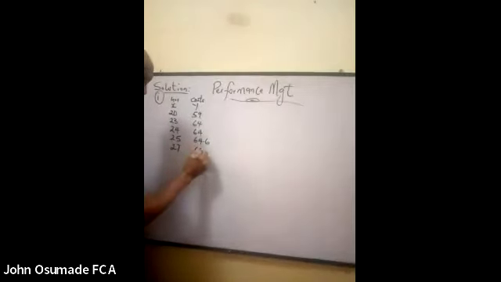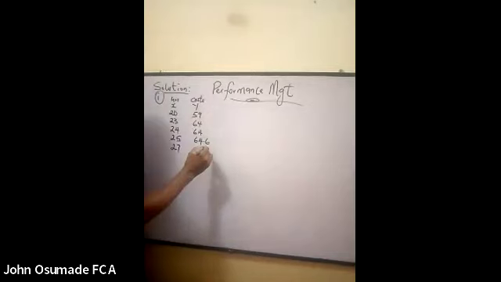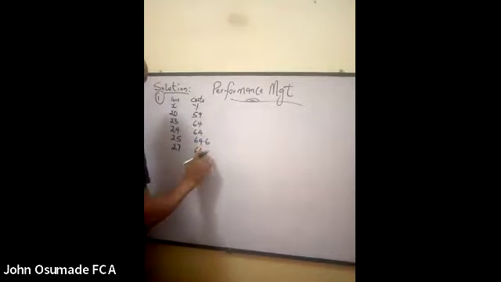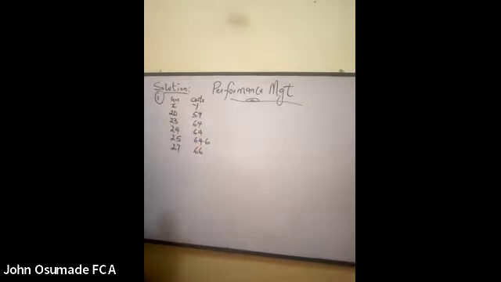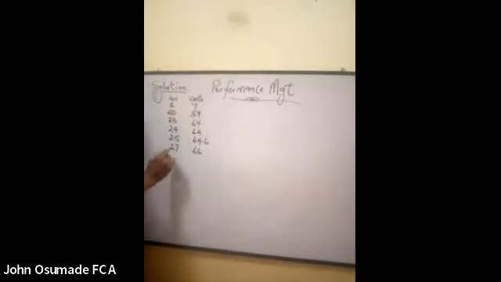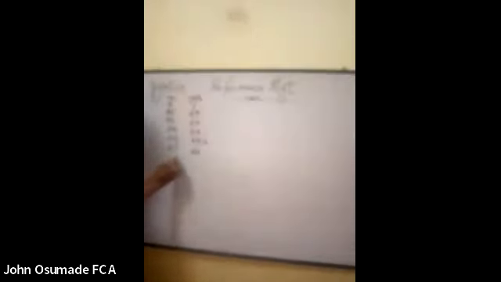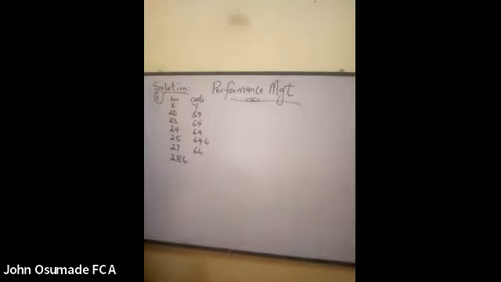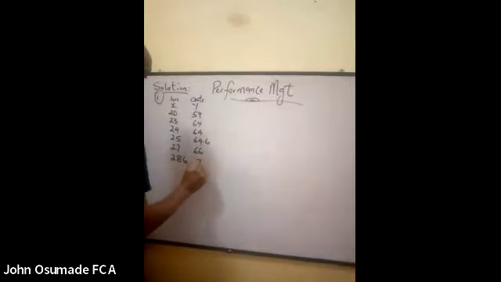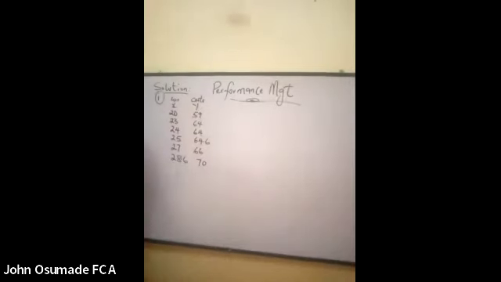I'll say 66. Then I have the highest figure there, 28.6, and the cost is 7,000. So all I'm doing is to reduce it to 2 digits.